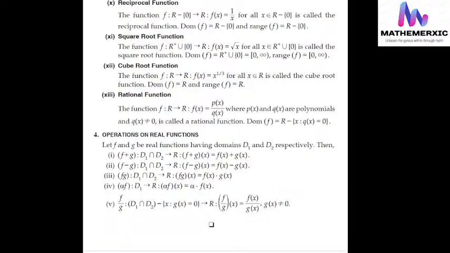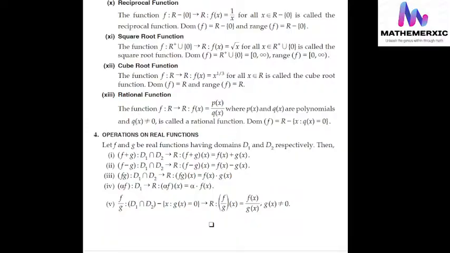Operations on real functions: if f and g are real functions having domains D1 and D2 respectively, then f plus g is defined on D1 intersection D2 to R such that (f plus g)(x) will be f(x) plus g(x). f minus g on D1 intersection D2, which are the domains, to R such that (f minus g)(x) will be equal to f(x) minus g(x). fg on D1 intersection D2 to R such that (fg)(x) will be equal to f(x) into g(x).